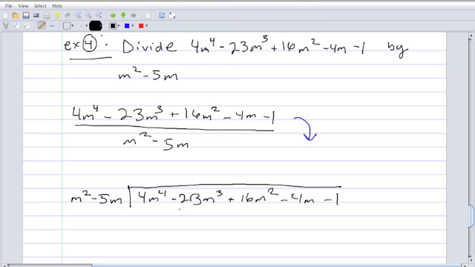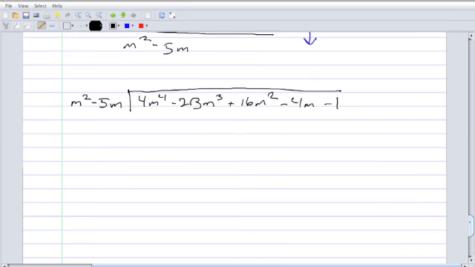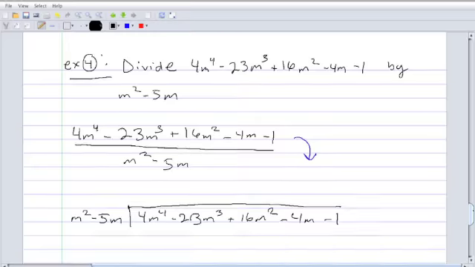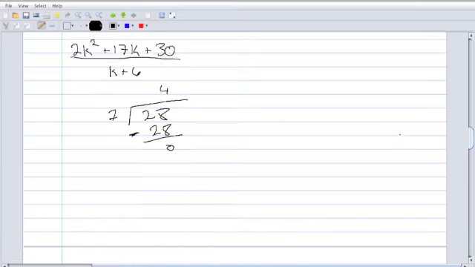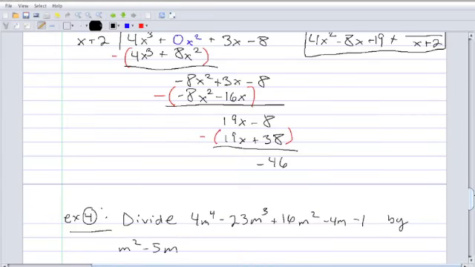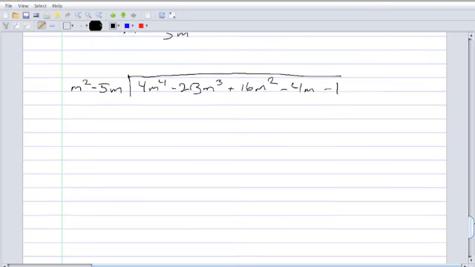So, same process. Okay, I got enough space.